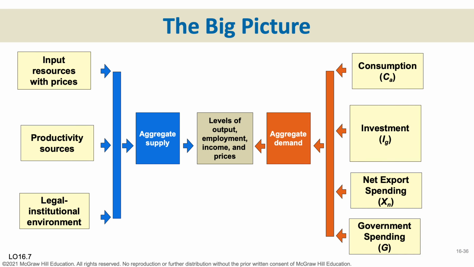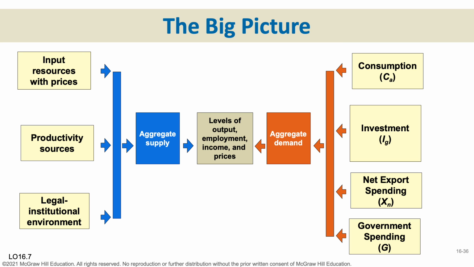So this is really just putting what we've done all semester in one graph. So you learned that aggregate expenditures was consumption plus investment plus net export plus government spending, and that all became our aggregate demand curve. And our aggregate supply curve is affected by the resource prices, land, labor, capital, entrepreneurial ability, the price level of those resources, how productive the workforce is, but also the legal and institutional environment.